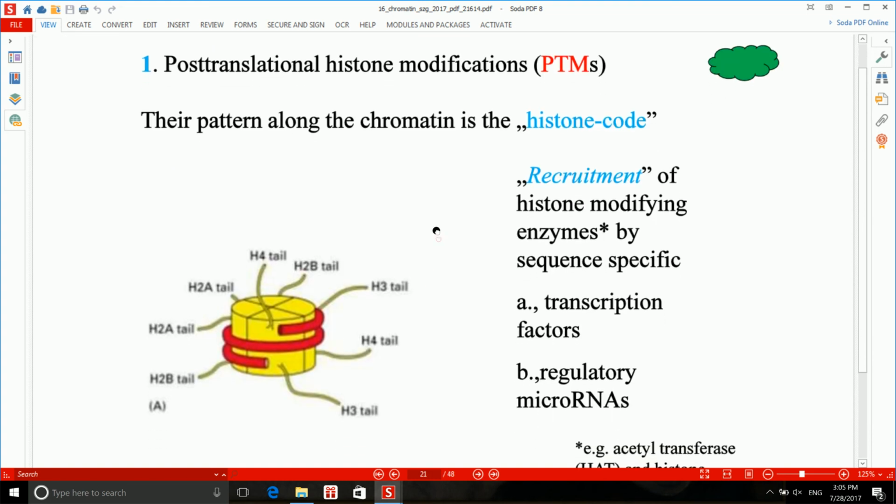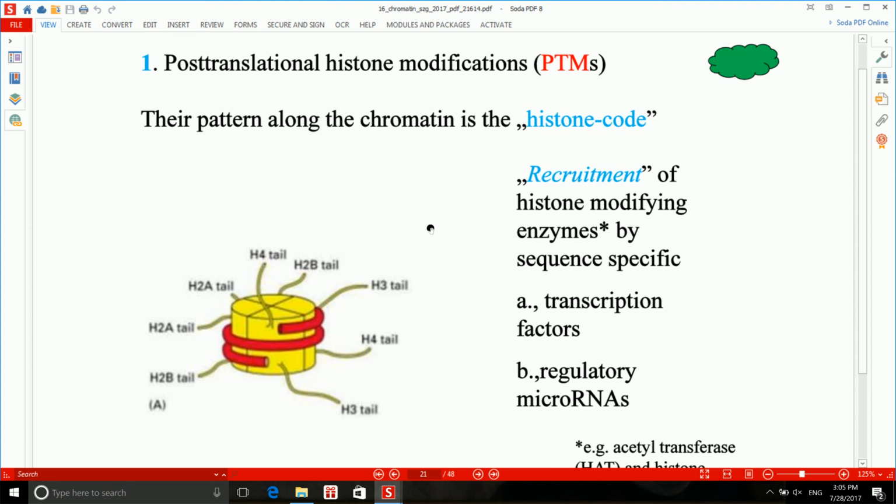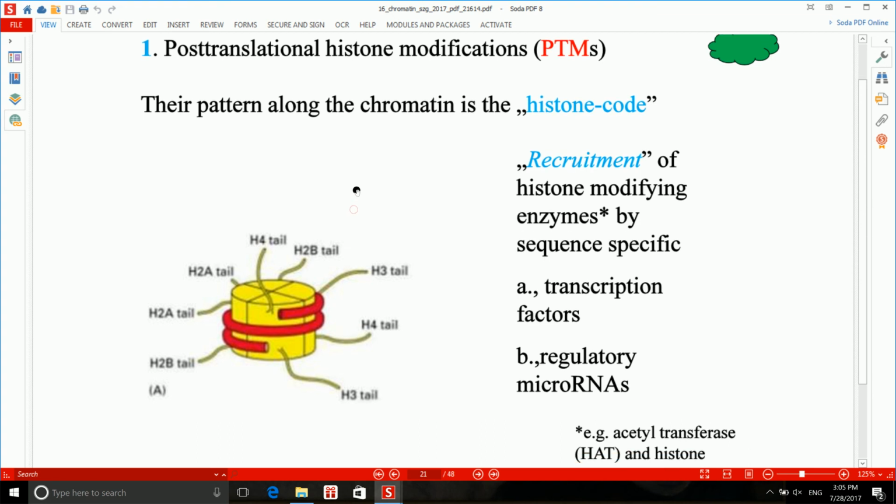These reactions happening to histones, first of all, they are post-translational modifications, and they are from the subcategory of epigenetics.